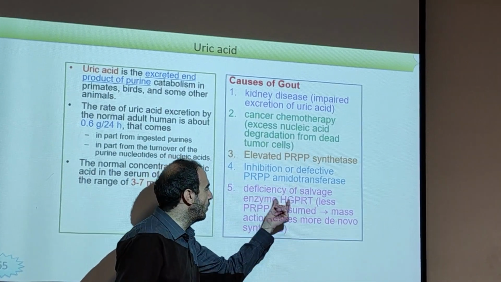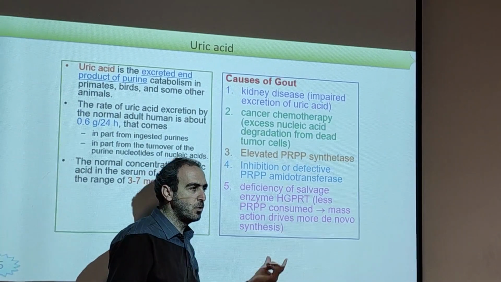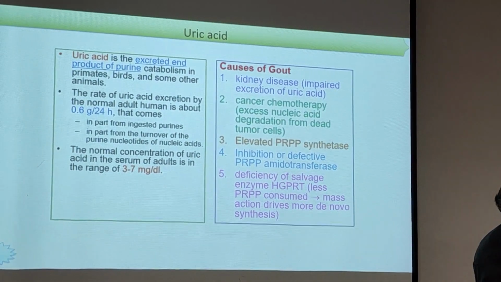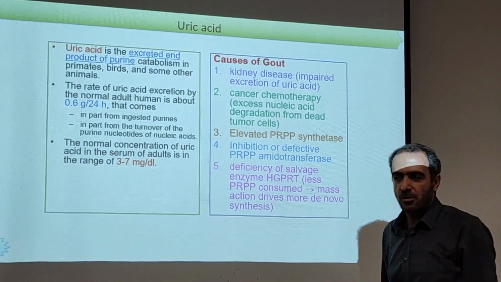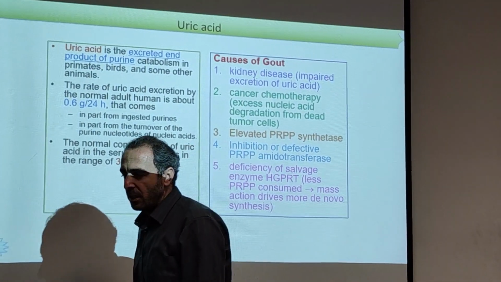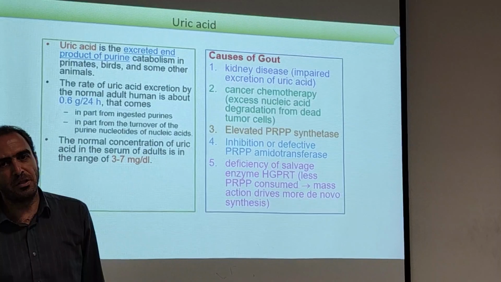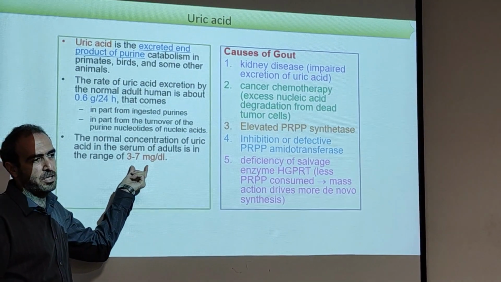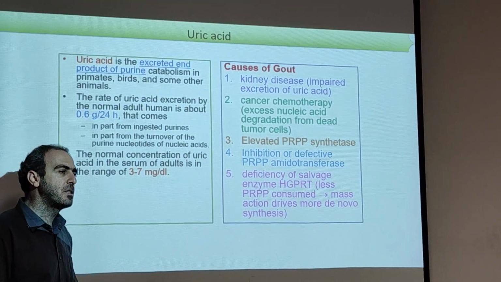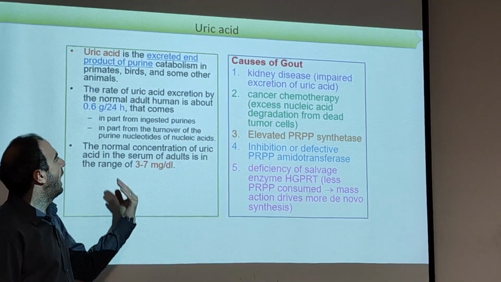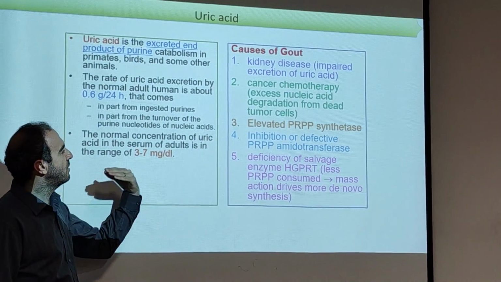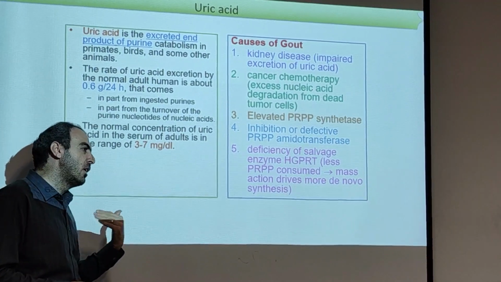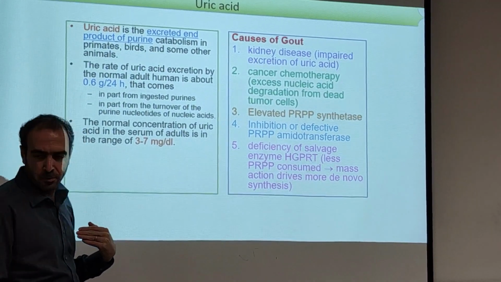And deficiency of salvage enzyme HGPRT, as you saw, when we couldn't recycle them, they go into degradation and also they increase the uric acid, which is known as hyperuricemia. The normal reference range or concentration of uric acid in our body is between 3 to 7 milligram per deciliter. A concentration more than it is known as hyperuricemia, and less than it is known as hypouricemia.